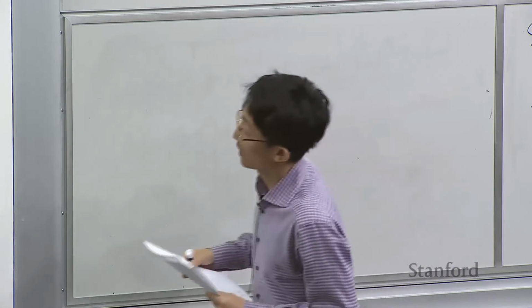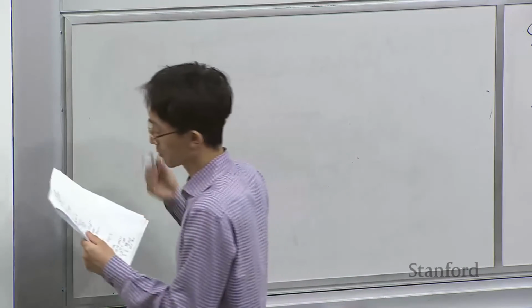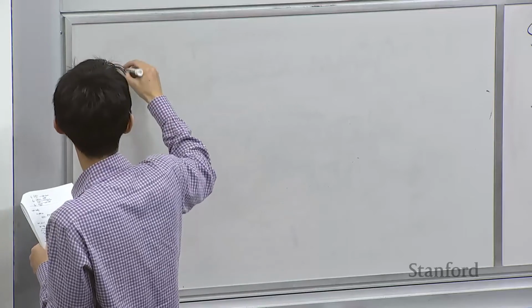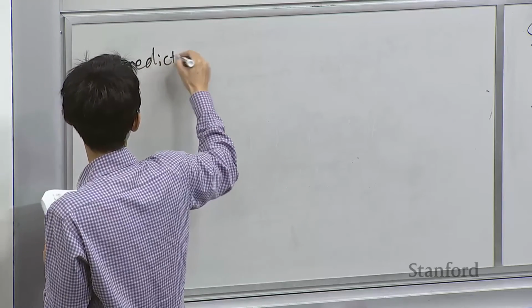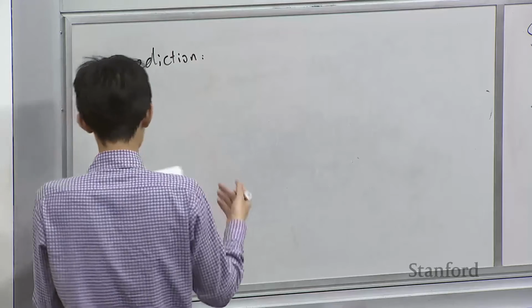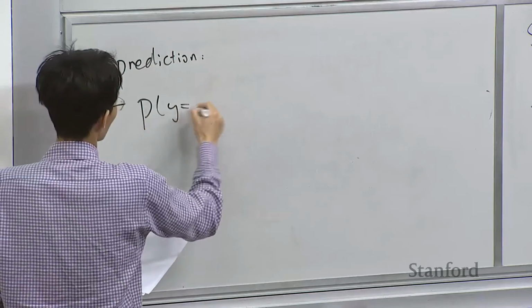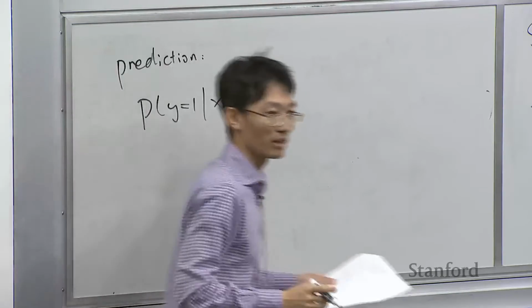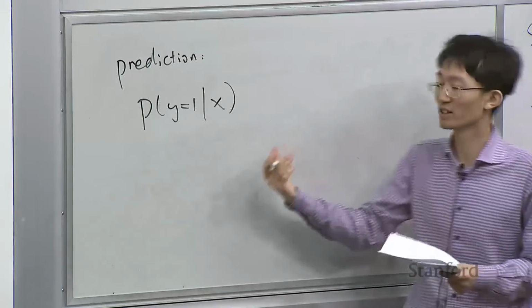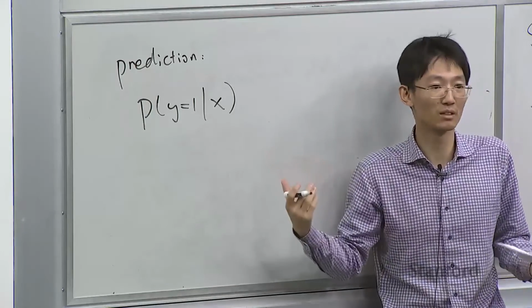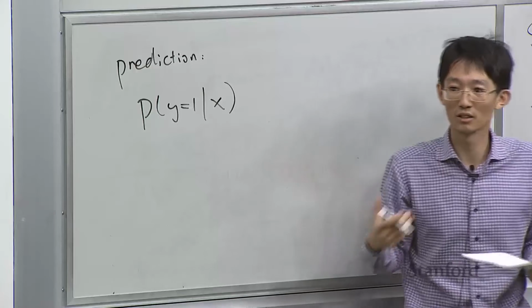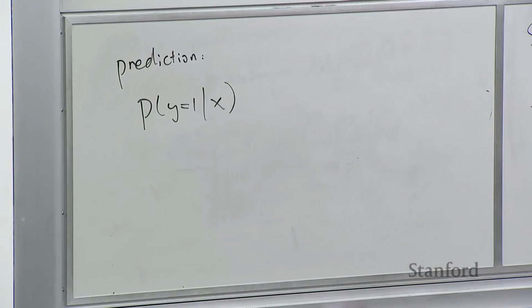We got the parameters, and at prediction time, as before, when we do the prediction, as usual, you want to compute p of y is 1 given x, right? If this number is larger than 0.5, then you say this is a positive example. If this number is less than 0.5, you say this is a negative example. So we have to compute this.